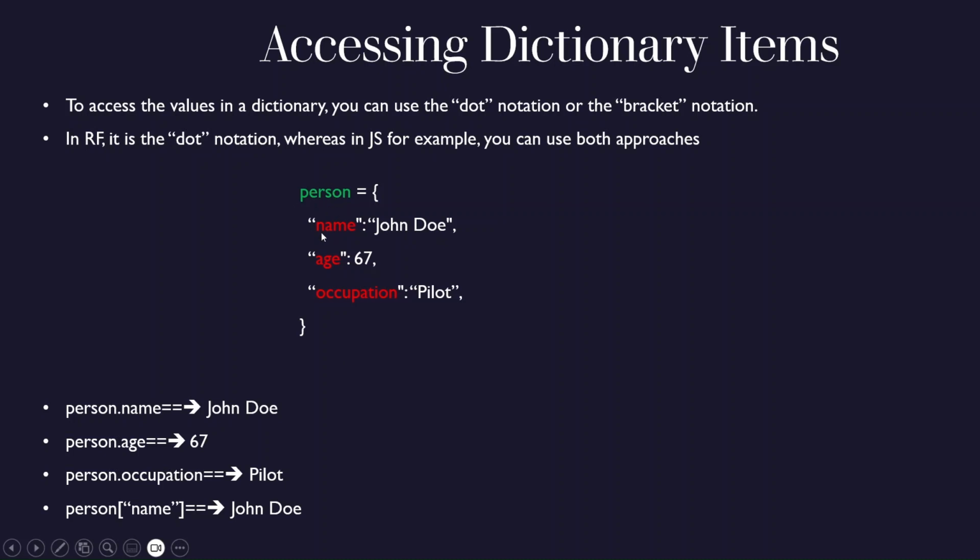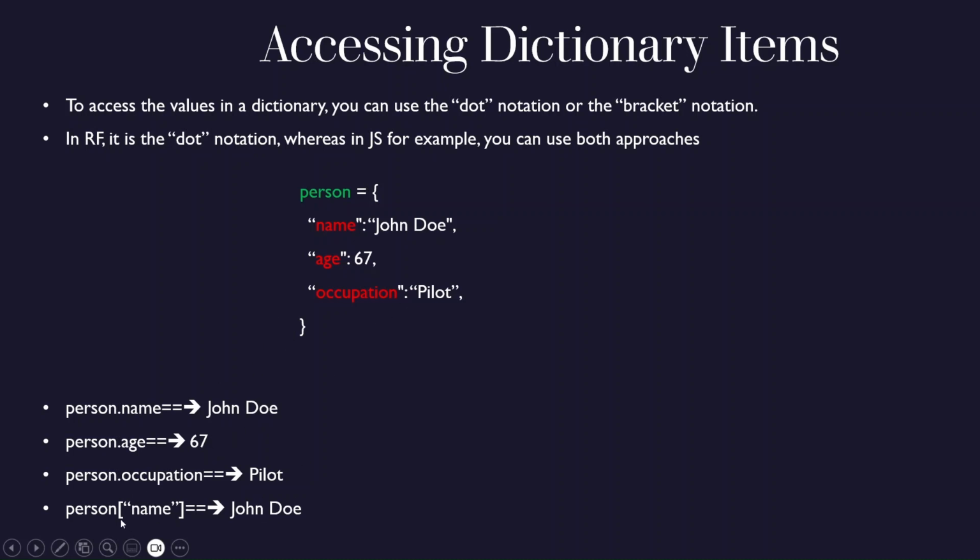Person dot age gives you 67. So the name of the variable, dot, and then the key you want gives you the value. Person dot occupation gives you pilot.